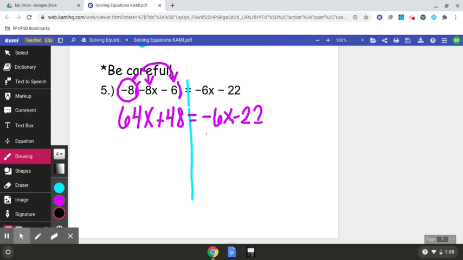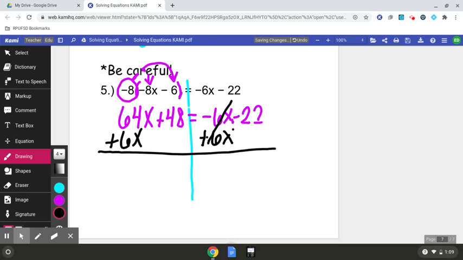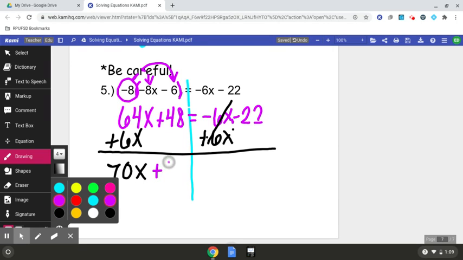So the way I would do this is I would take that minus 6x and cross over the equal sign, so I have to change the sign of it with addition. So these will cancel. Now I'm combining my x's. So 64 plus 6 would be 70x. The plus 48 comes down, and so does the negative 22.